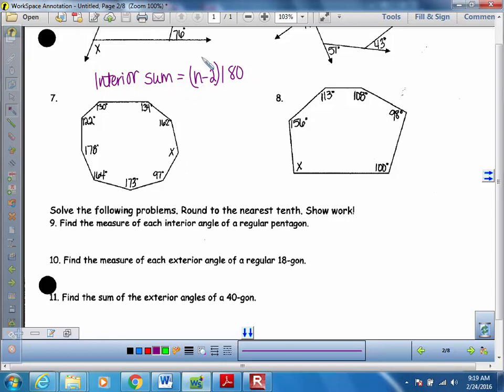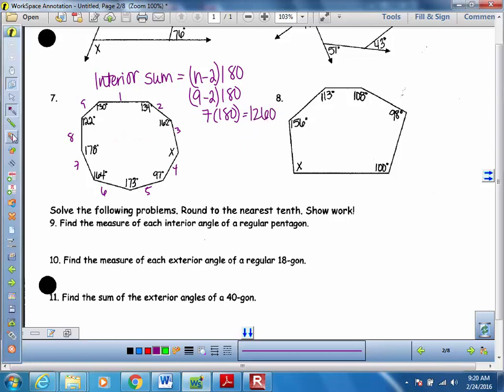Remember that n is the number of sides, so I'd have to count how many sides I have. I have 9, so I'm going to plug 9 in for n. n minus 2 times 180 would give me 7 times 180, and so the sum would be 1260.